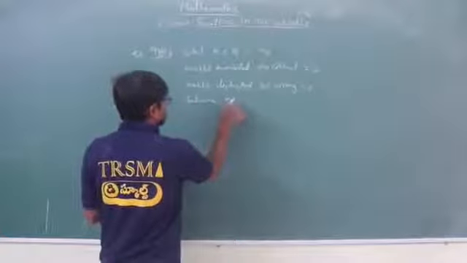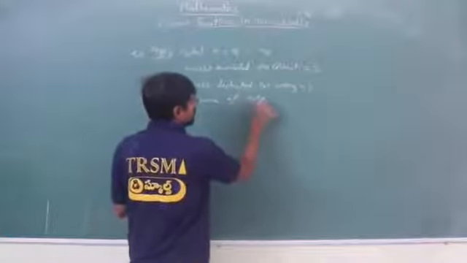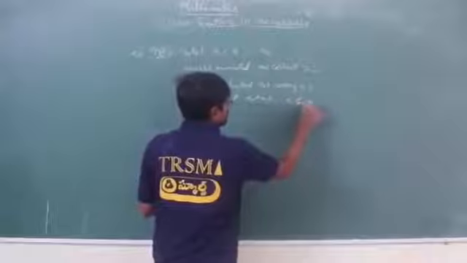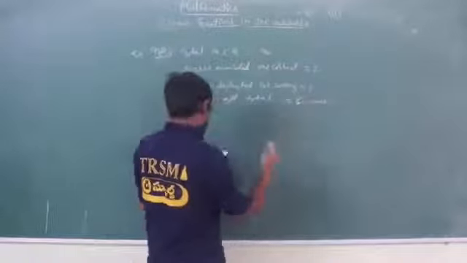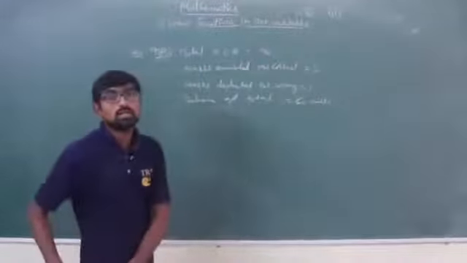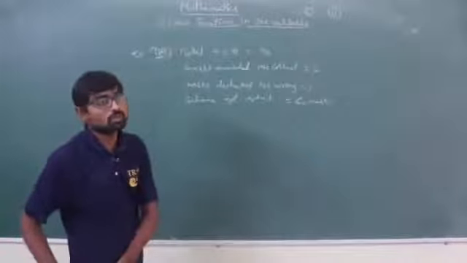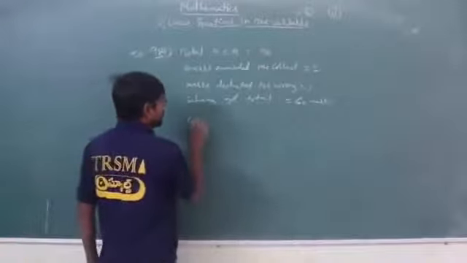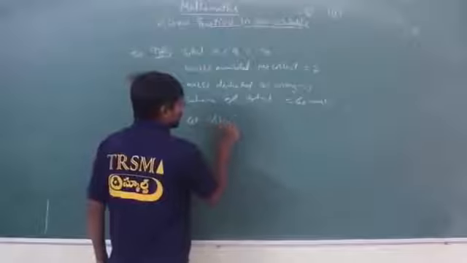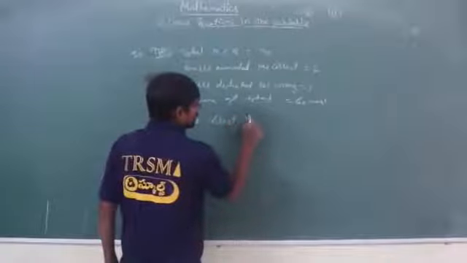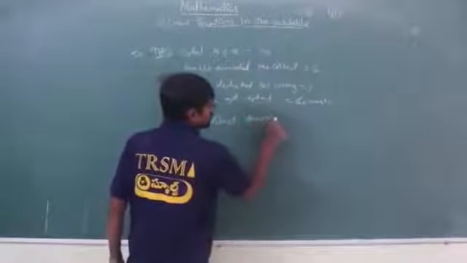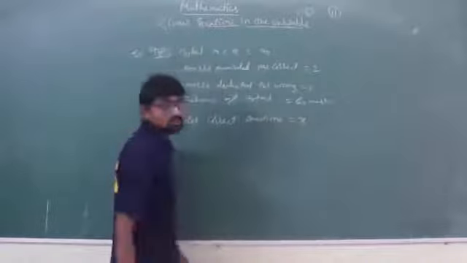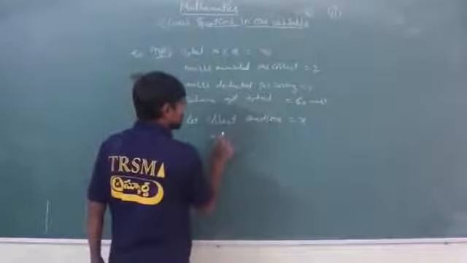Shahana got a total of 60 marks. How many correct questions she has written, we don't know. So let the correct number of questions be x. Then what about wrong questions?